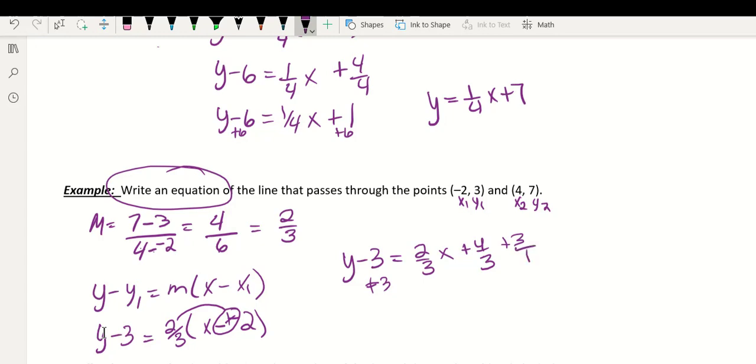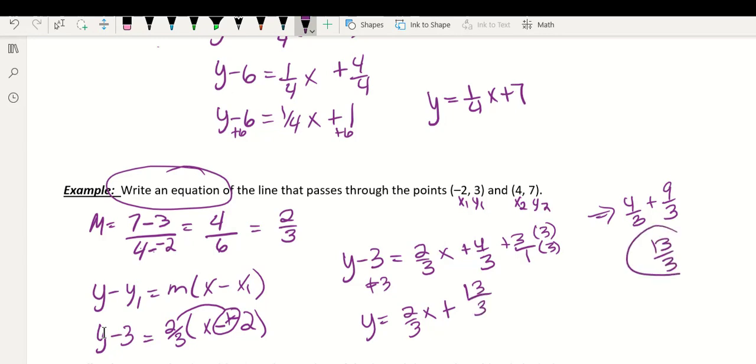And when we add 3 to both sides, y equals 2/3 x plus, we can multiply by 3 over 3, so 4/3 plus 9/3. 4 plus 9 is 13/3. Okay? Gotta practice some old school math there.